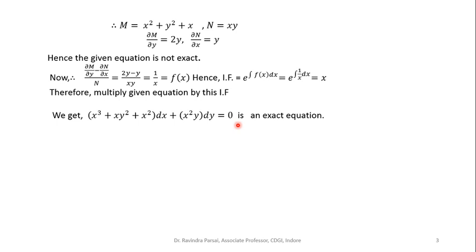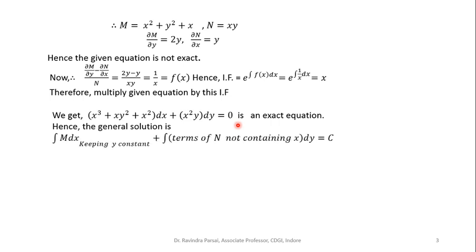Then we are ready to find the general solution. The formula of the general solution is the integral of M dx, keeping y as constant, plus the integral of the terms of N not containing x, dy, equal to a constant.